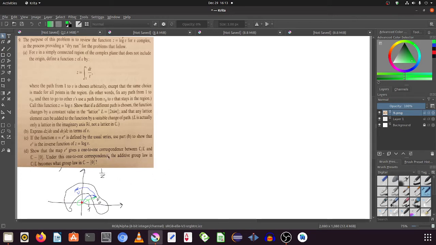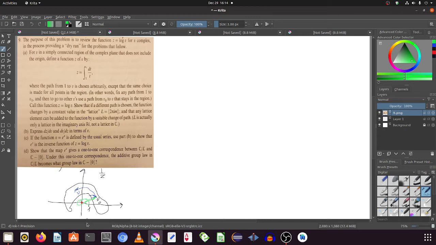So I'll just correct the first path here. There we go. So the first path goes like that, and the second path like that.